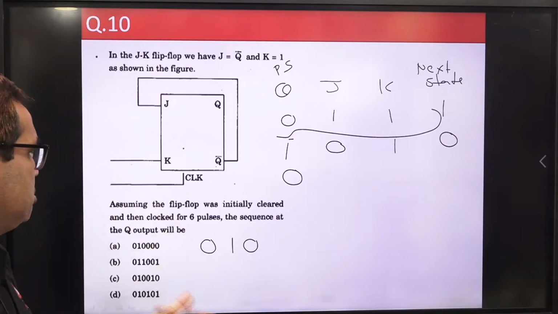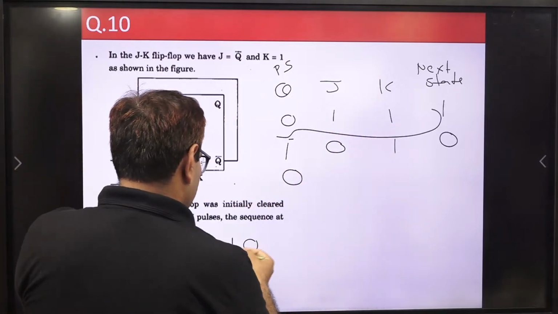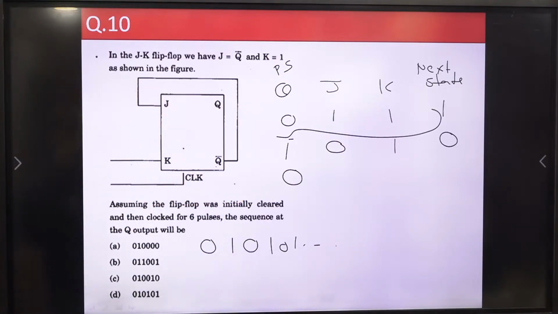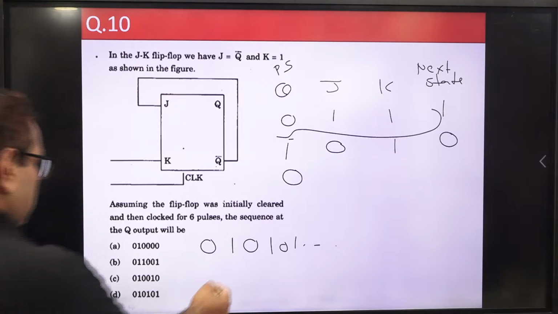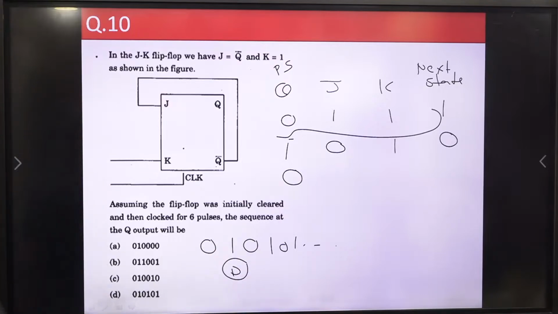Then again the same situation will come: 1 1, so toggling. So it will be 0 1 0 1 0 1 and so on. So which option is matching with this? What will be the right answer? D is the right answer here. It will keep toggling. Very good. So now let us go to the next question.